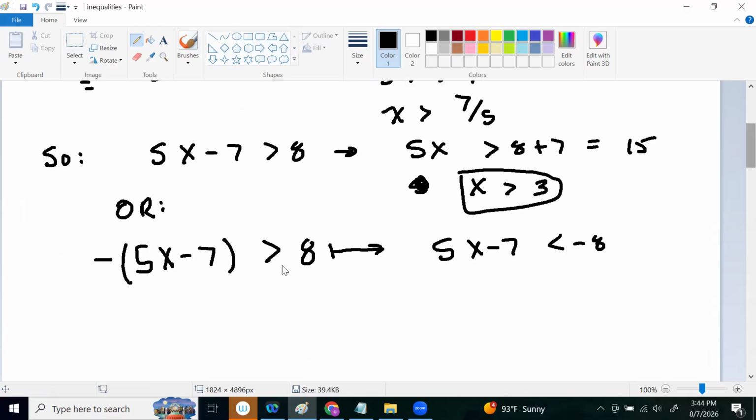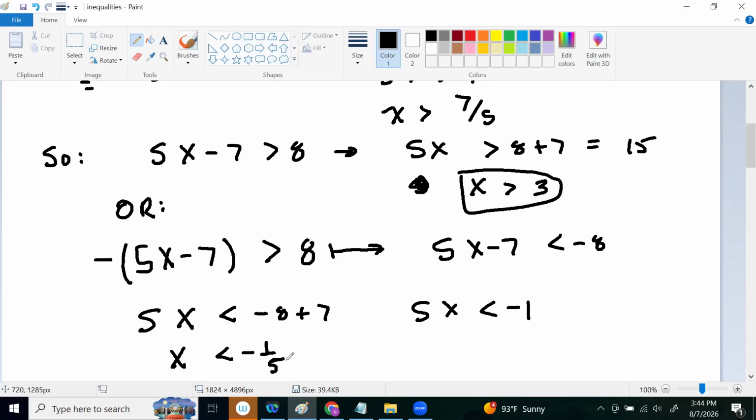And then when we add 7 to both sides, we get 5x is less than minus 8 plus 7, or 5x is less than -1. But 5 is positive, so we can divide by that and keep the inequality the same. So we get this.